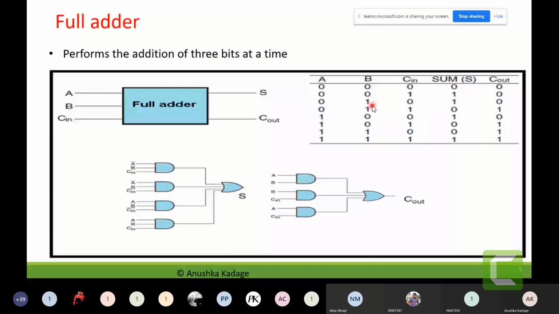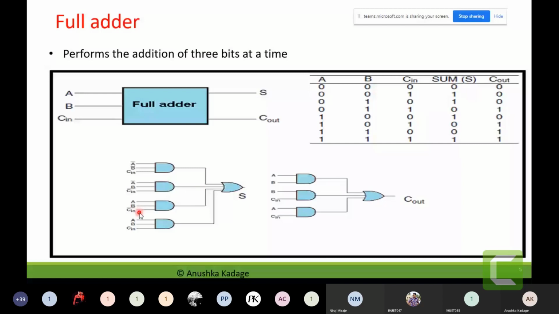So for the next AND gate, the input specified is A dash, B, C in dash. In the truth table, the next one occurrence for the sum is for the combination 1, 0, 0. That means it is A, B dash, C in dash. So for the next AND gate, the input specified is A, B dash, C in dash.